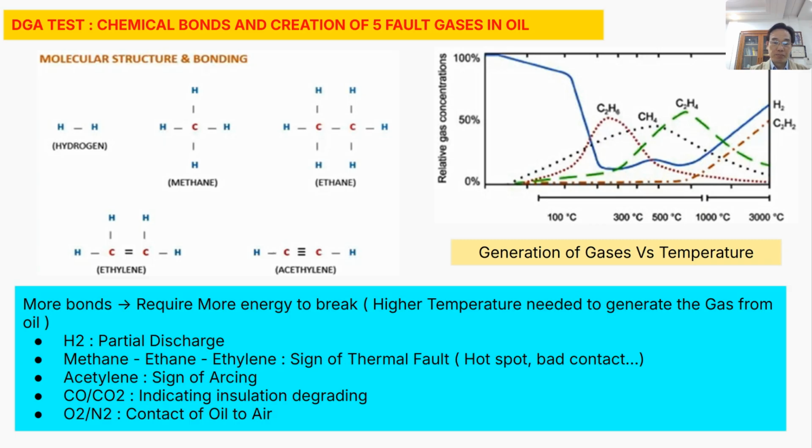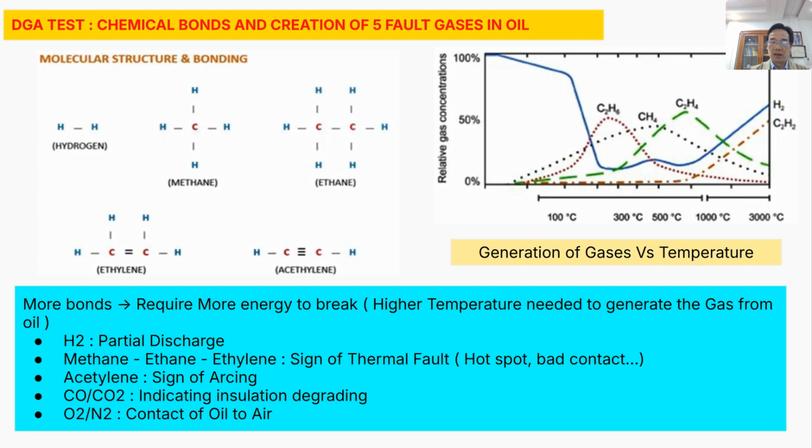The problem of oxygen in oil is that it accelerates the aging of the cellulose material in the transformer and shortens the lifetime of the transformer.